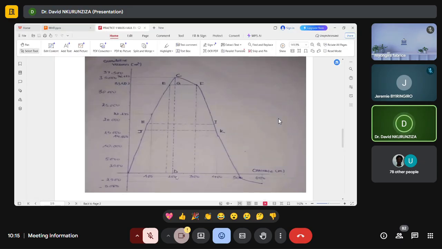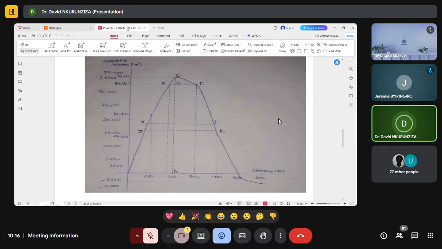If you have such a project, you will know that from maybe 0 up to 200, you will need maybe a bulldozer to cut and trucks to transport what you have cut. But from this one, going there, there is no need of a bulldozer. Maybe you need a compactor and a grader to spread what you have cut from here in this part. Okay.